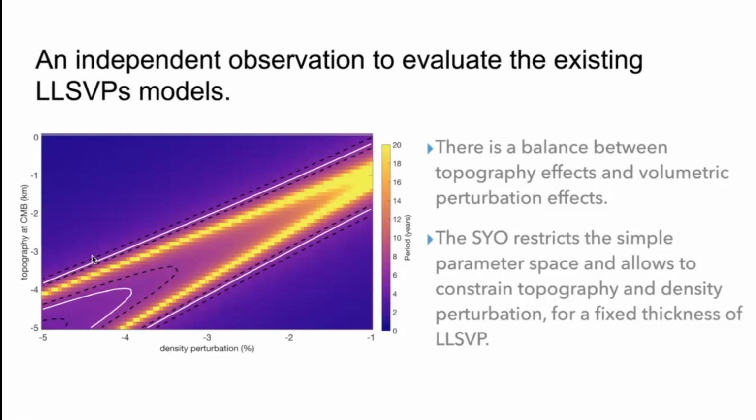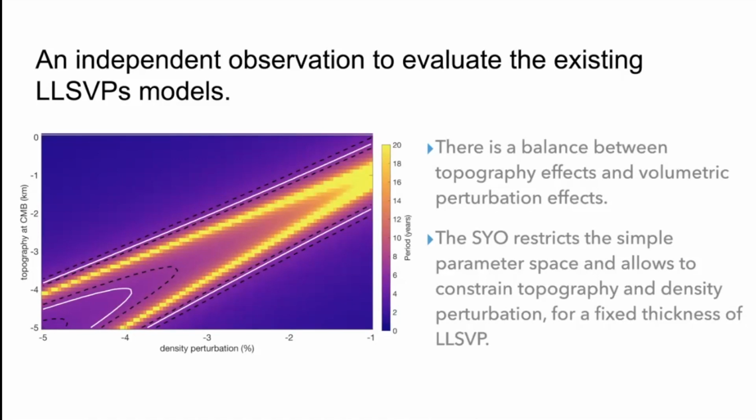And in white, this is the part of the parameter space that corresponds to a 6-year period. And the dashed black lines here are 5 years and 7 years. So it's kind of the acceptable range of what fits the data, let's say.